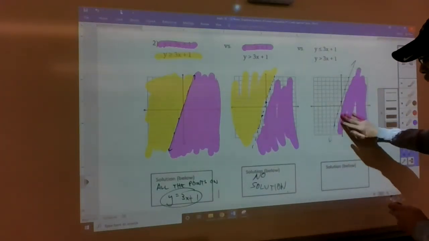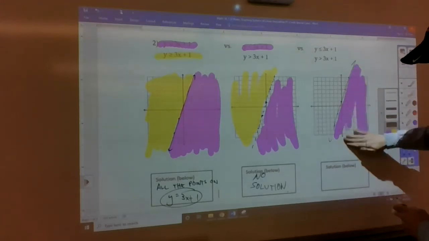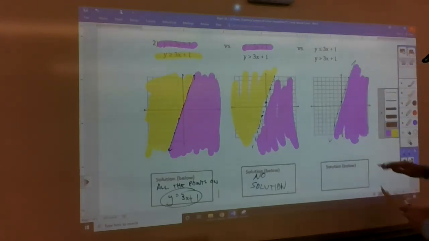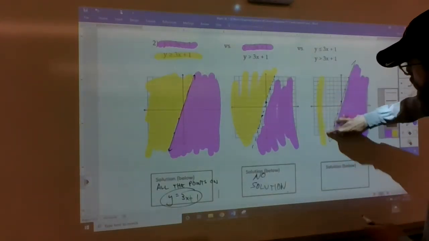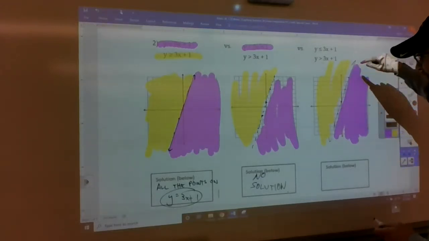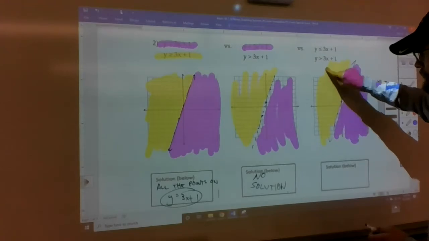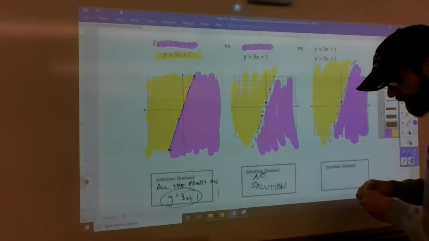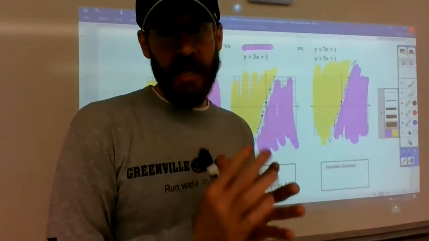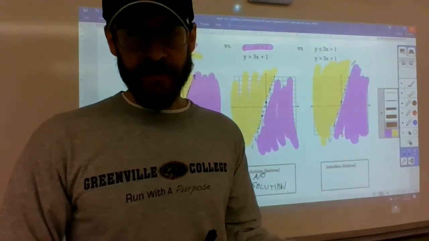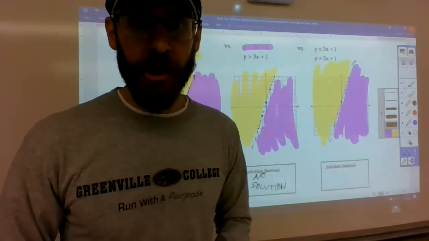So think of this black line as a magenta colored line. But then the yellow does the same thing again, but it doesn't include the line. So magenta owns the line. Yellow doesn't. They still share nothing.